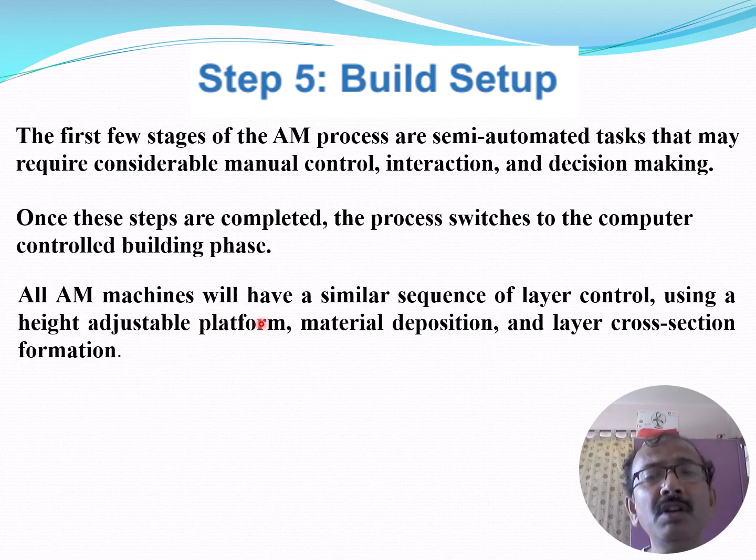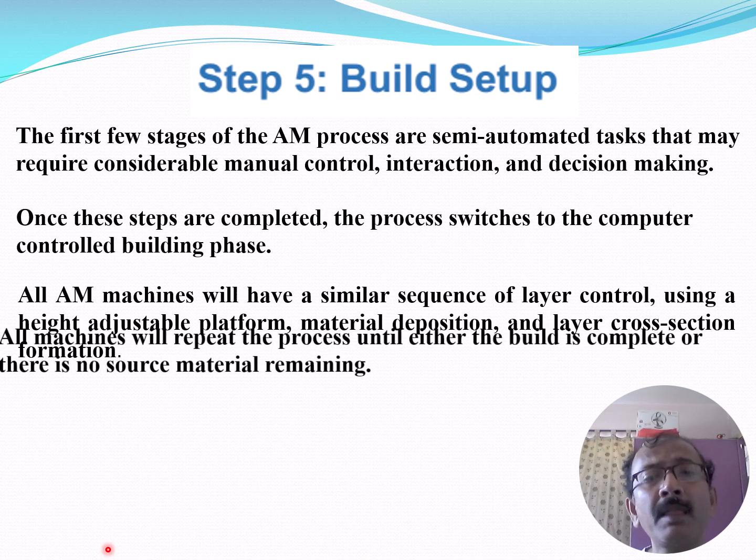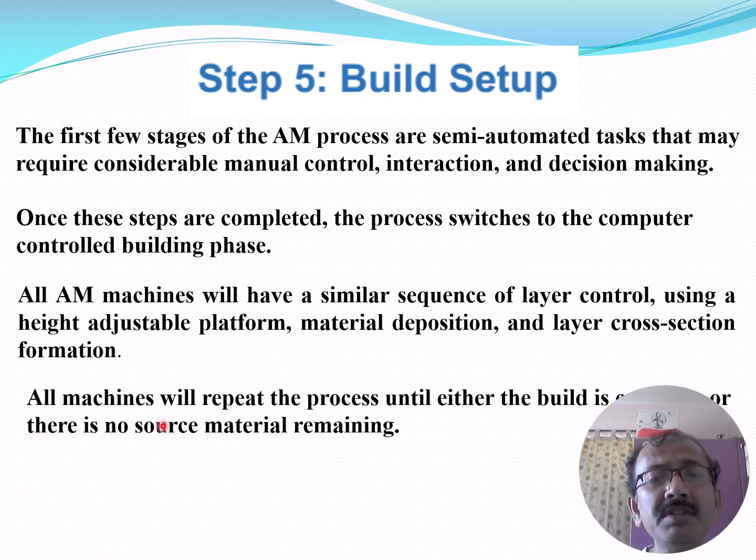All AM machines will have a similar sequence of layer control using a height adjustable platform, material deposition, and layer cross section formation. That means every machine has an adjustable height as per the requirement of the product deposition. And all machines will repeat the process until the build is complete or there is no source material remaining.